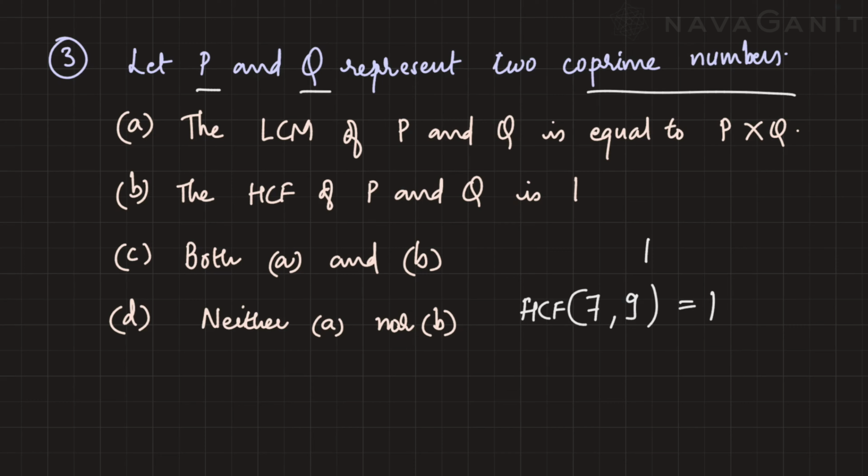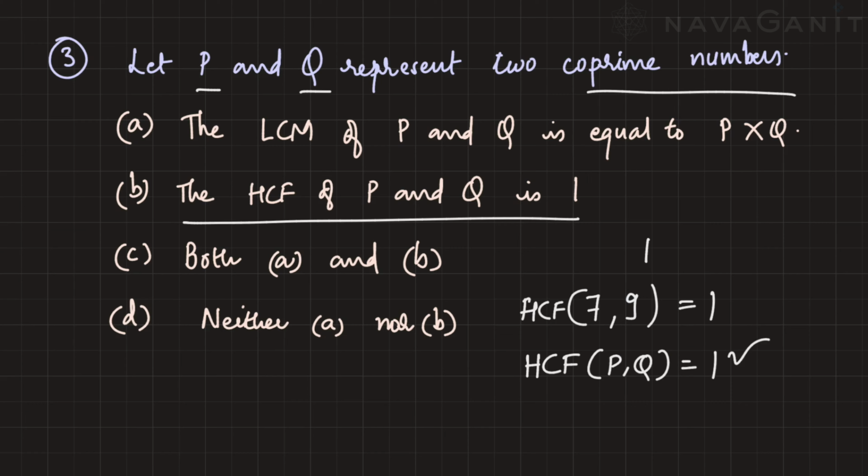So this directly answers option B, which is if P and Q are coprime, HCF of P and Q is 1. So by definition, this is true.